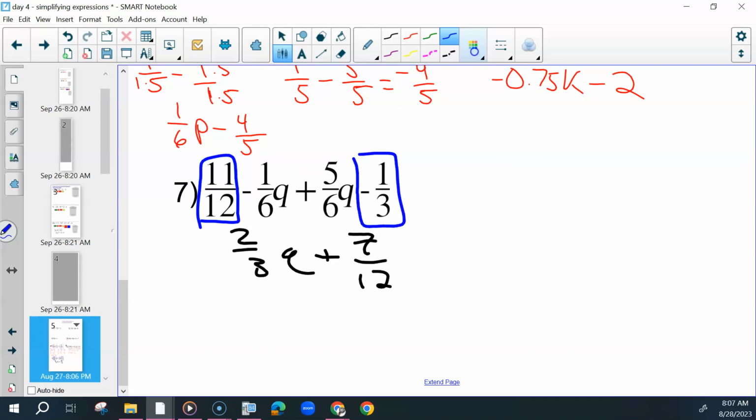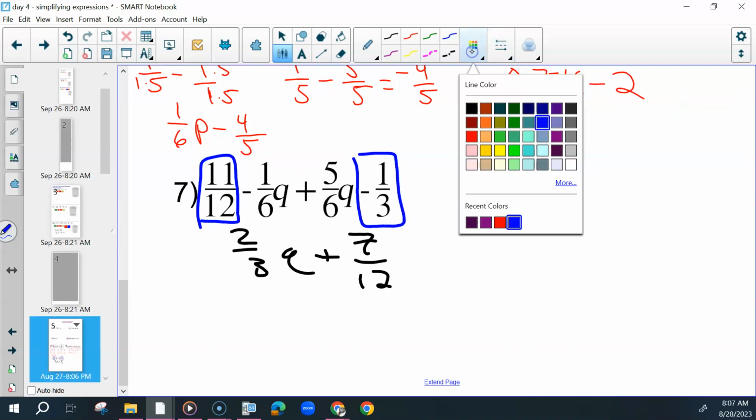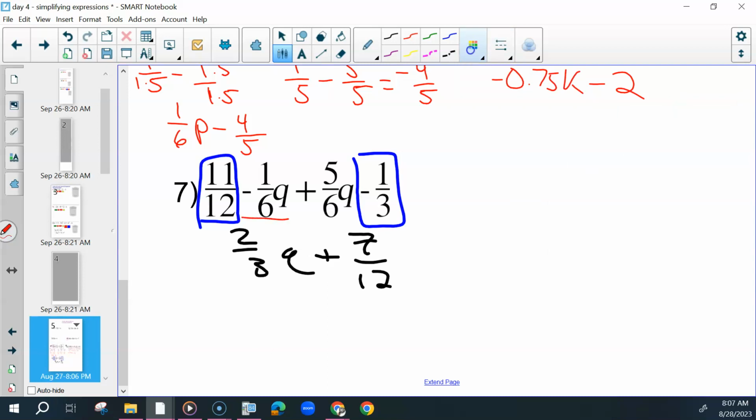So our like terms were these two constants and these two. So -1/6 plus 5/6. These already have a common denominator, so you don't need to change it. You just need to add the numerators. And then anytime you can simplify or reduce, you want to do that.